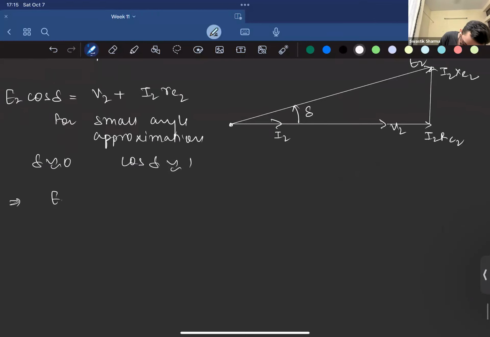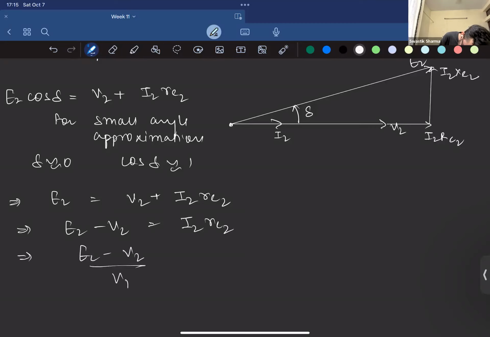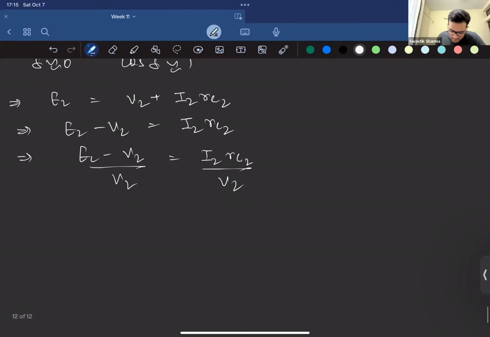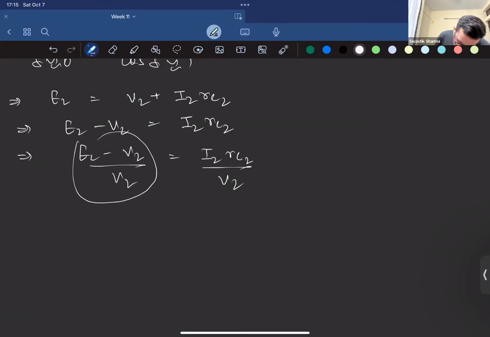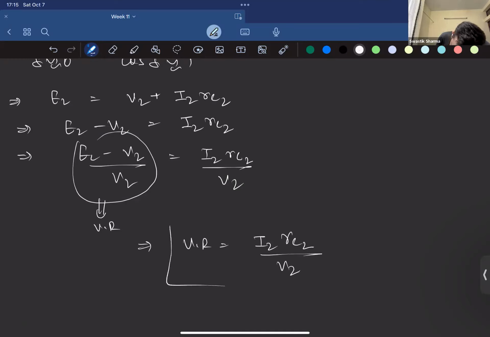Therefore, E2 is equal to V2 plus I2 R e2. E2 minus V2 is given by I2 R e2. If we divide both sides by V2, this is nothing but voltage regulation, VR. So VR is equal to I2 times R e2 divided by V2.